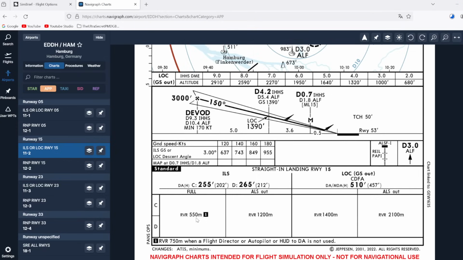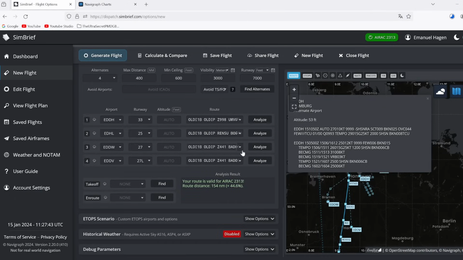and 850 meters RVR. If we now have a look into the forecast weather, then we can see that Hamburg is forecast with few clouds at 600. However, few and scattered are not ceilings, only broken and overcast are, and the clouds are forecast broken at 1500.